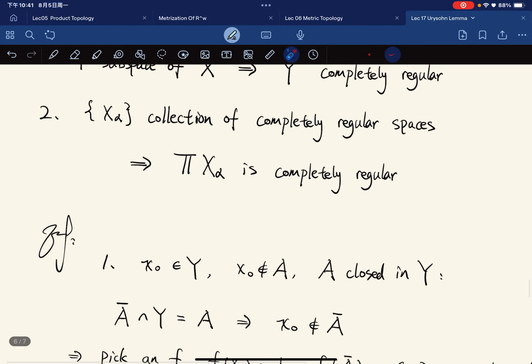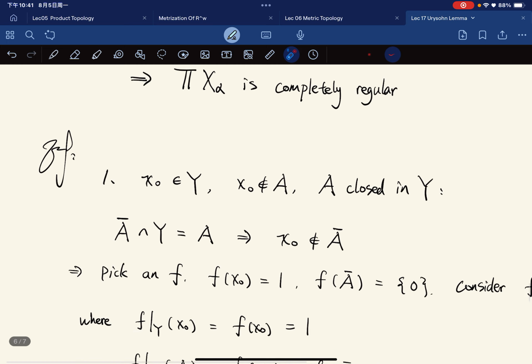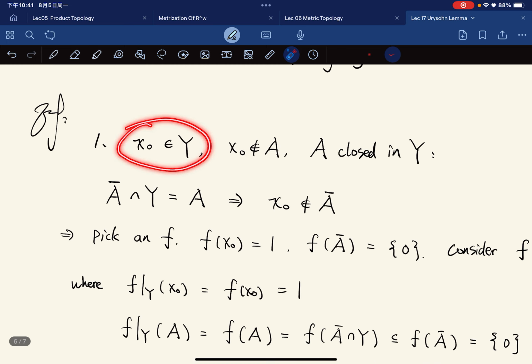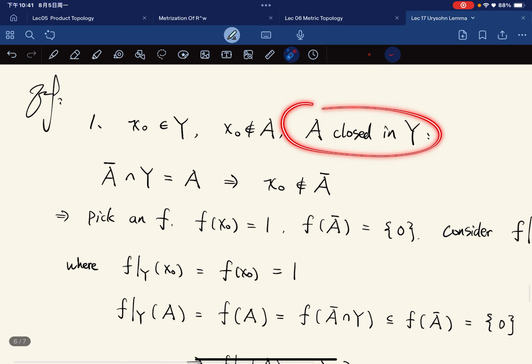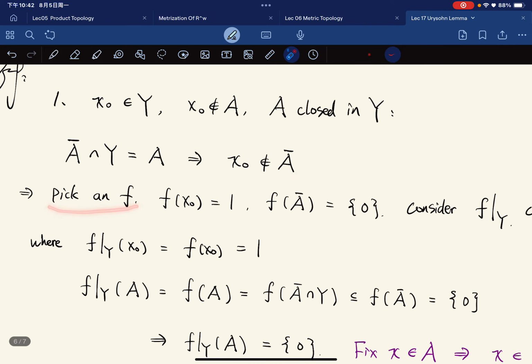And let's just prove it. For Y a subspace of X, first we pick x naught in Y, and A closed in Y. A closed in Y means that the closure of A in X intersected with Y is equal to A. So x naught cannot be in the closure of A. Now we're back to the big space X, so we can pick a continuous function f such that f(x naught) is 1 and f of A bar is equal to 0.